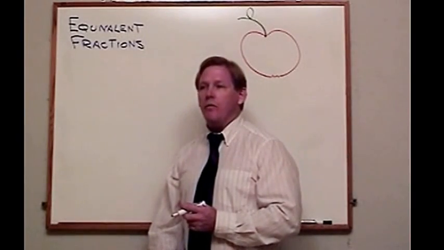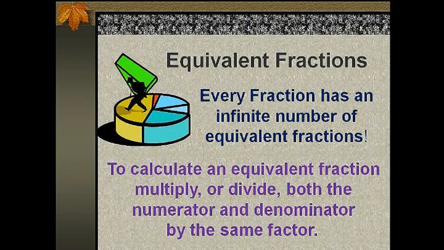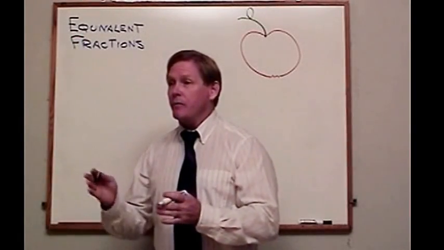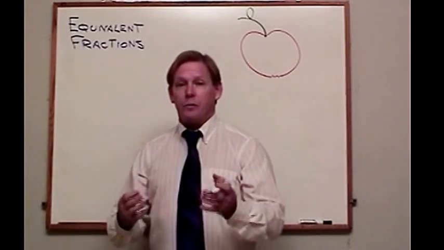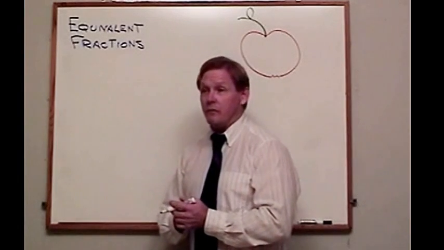Equivalent means equal fractions. And the thing to remember here is that every fraction has an infinite number of equivalent fractions. That's right. Infinite means there's no end to it. It has an endless number. Every fraction, whether it's 1/4 or 1/2 or 1/3, has an endless number of ways that that fraction could be rewritten as other fractions with other numbers that have the exact same value as the original fraction.